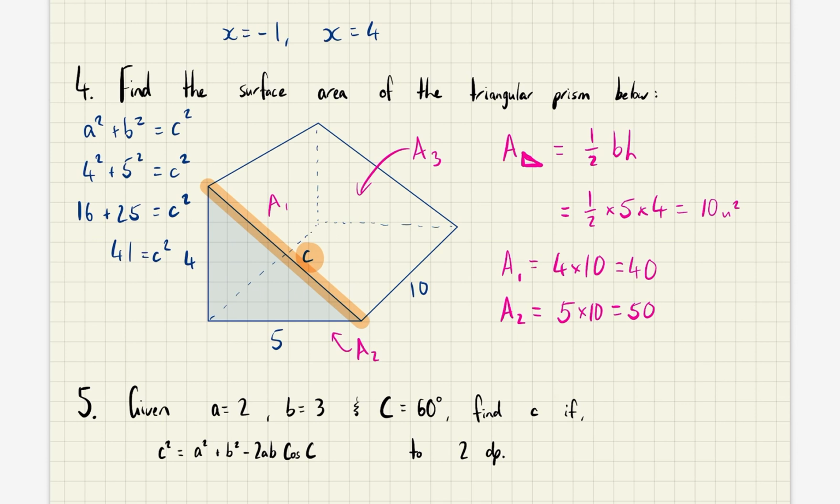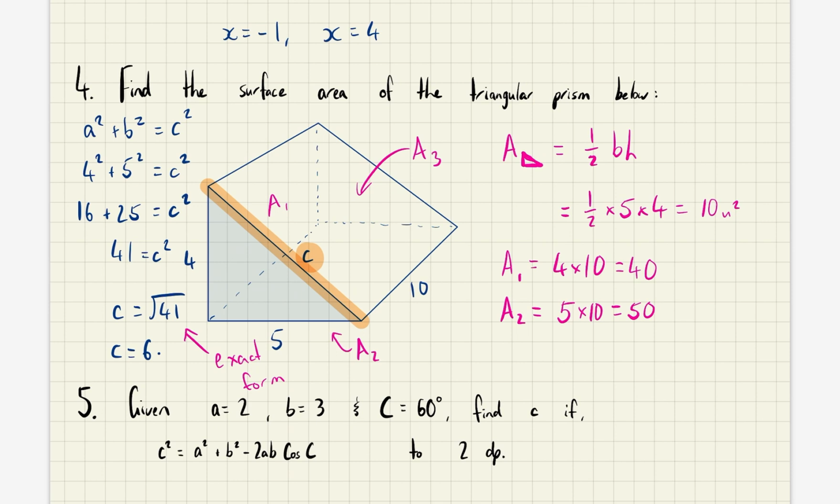16 plus 25 is going to be 41. And now I just need to find the square root of 41 to find C. So C is equal to the square root of 41. I'll just remind everyone that that is an exact form. And I'll just write it in decimal form as well, but depending on what the question asks, you could do either. And if it doesn't specify, whichever one you prefer.